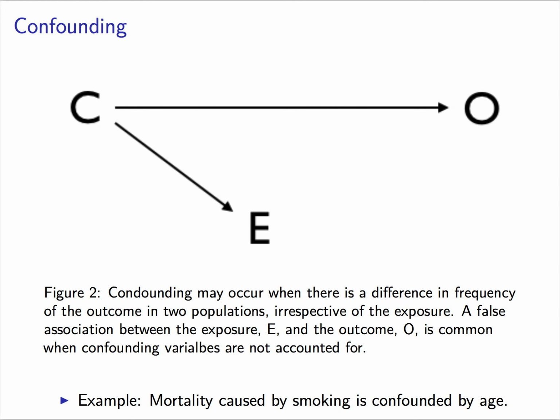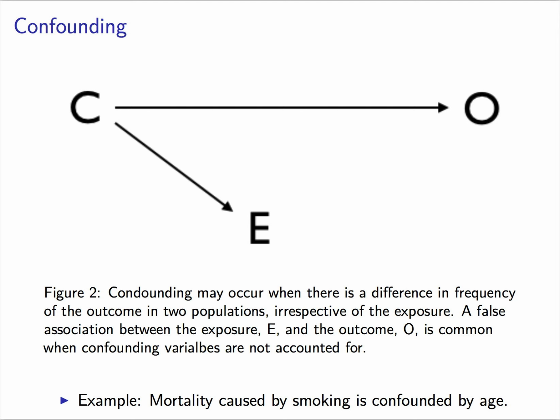So confounding, we use this term a lot. It occurs when there is a difference in the frequency of the outcome in two populations, irrespective of the exposure. So whether or not they are exposed to whatever factor it is you're looking at, there is a difference in the outcome for the two populations.